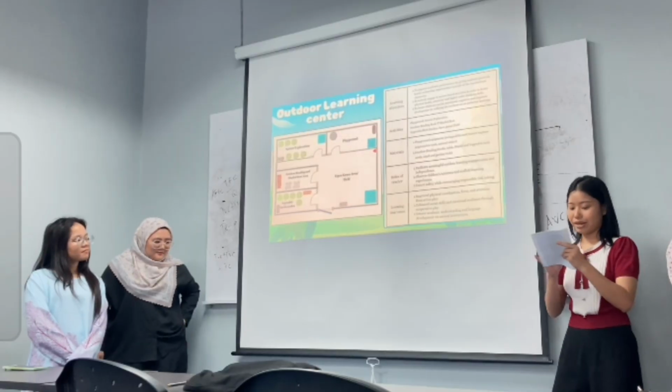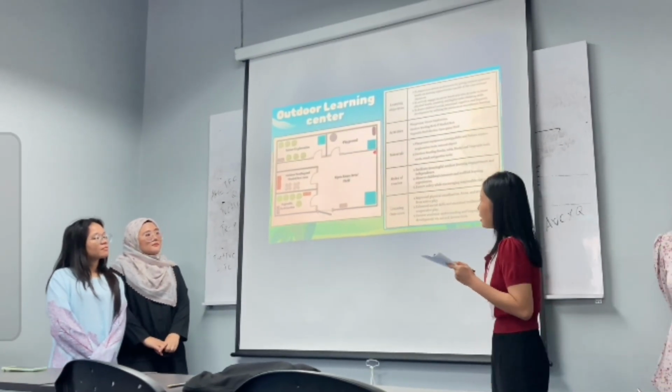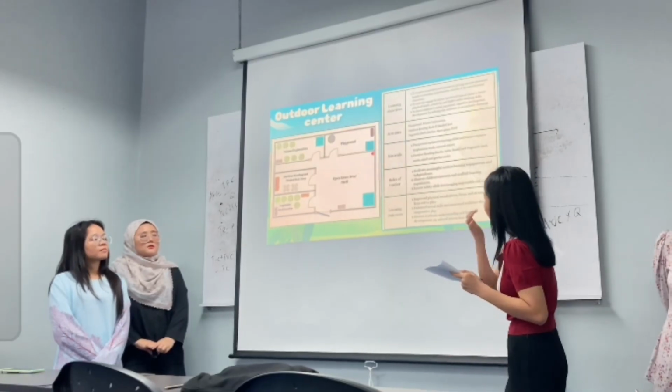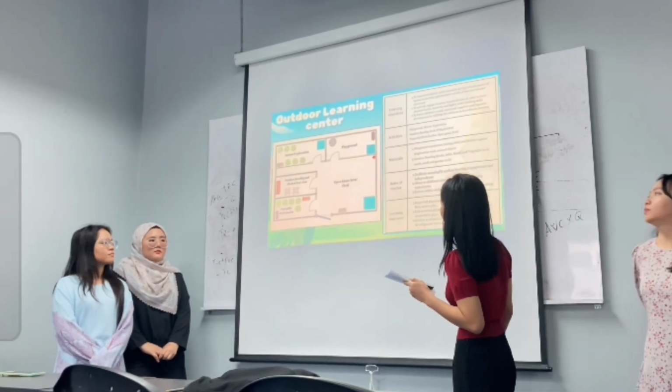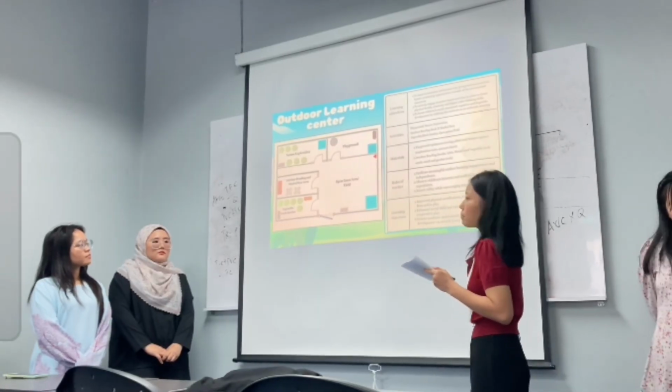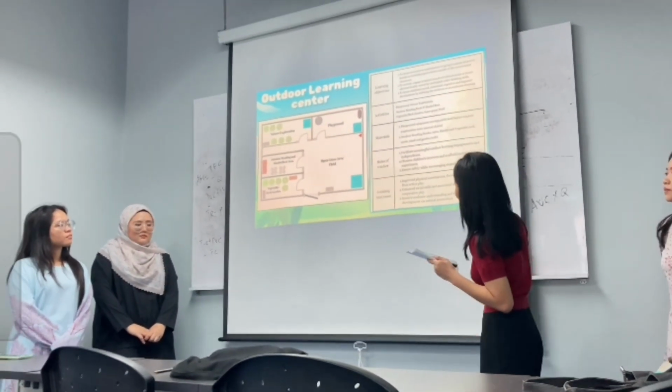motor skills. And the last is also to promote social, emotional, and cognitive development by immersing children in a rich outdoor learning environment. So, in this outdoor learning center, the activity that we provide is a playground, and the material is playground equipment like swing, slide, and so on.